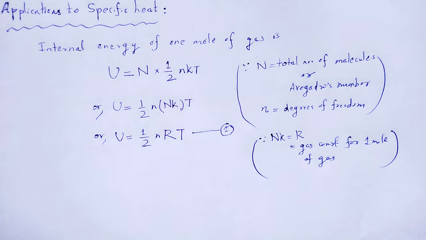Now, by using the internal energy expression, we can easily calculate the molar specific heat of gas at constant volume and the molar specific heat of gas at constant pressure.